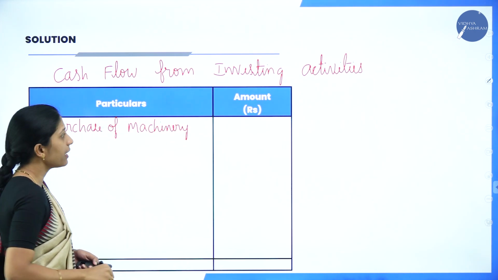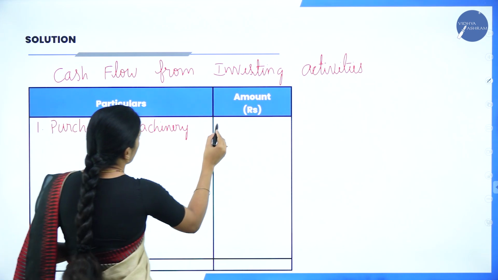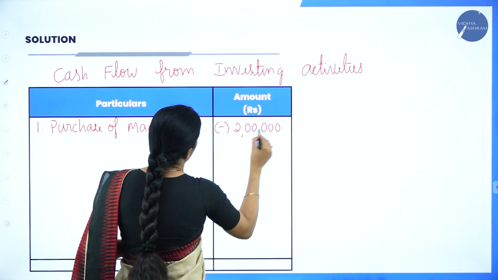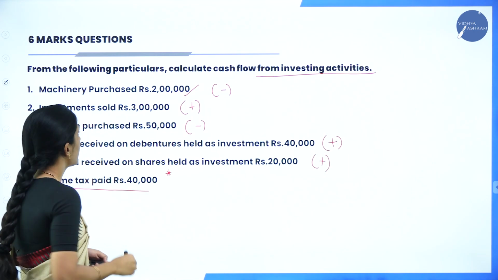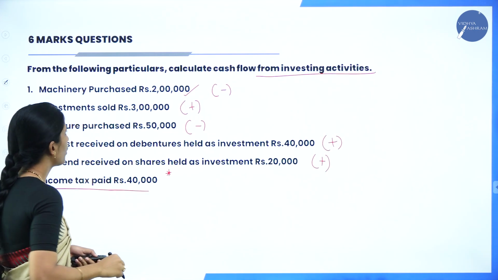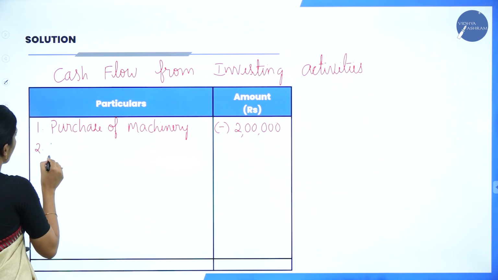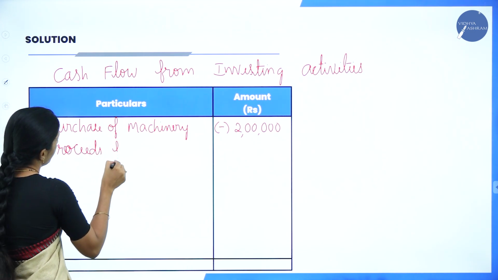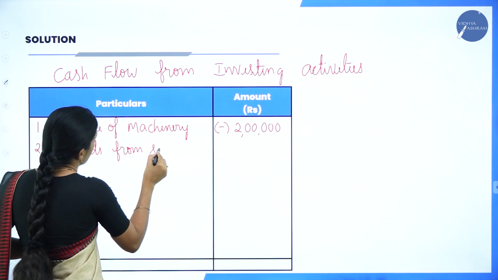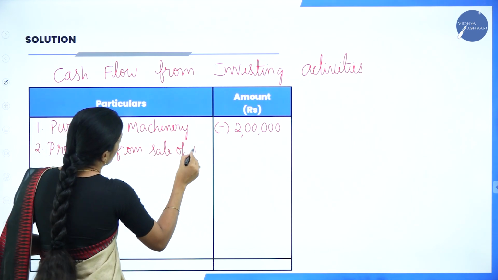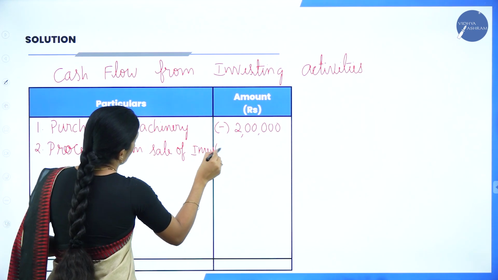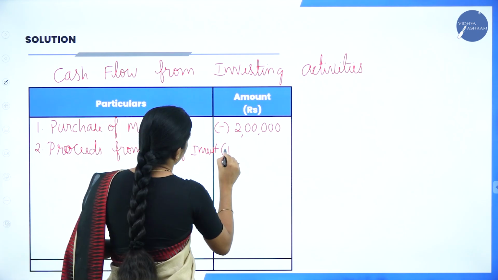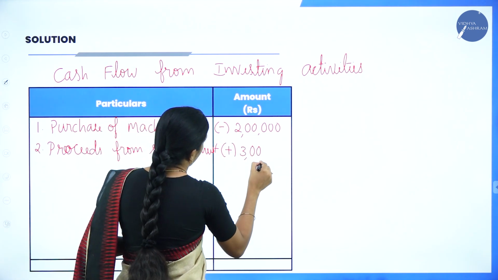It is minus, so cash outflow, minus 2 lakh. Next is investment sold. So proceeds from sale of investment, that is plus 3 lakh.